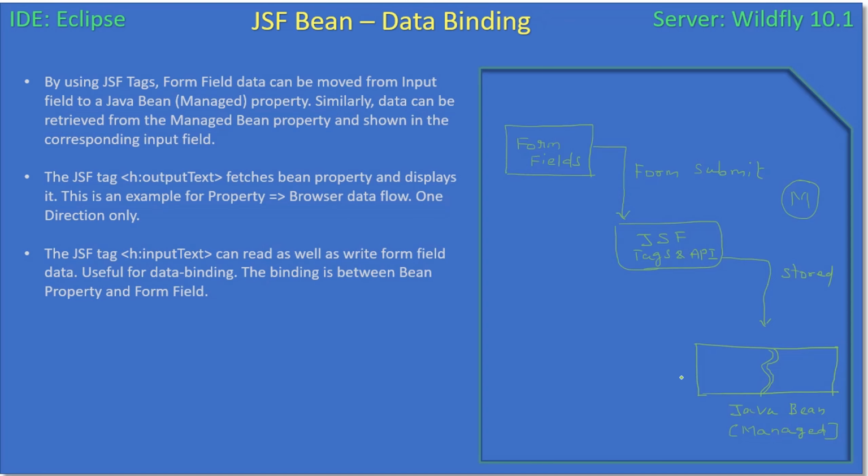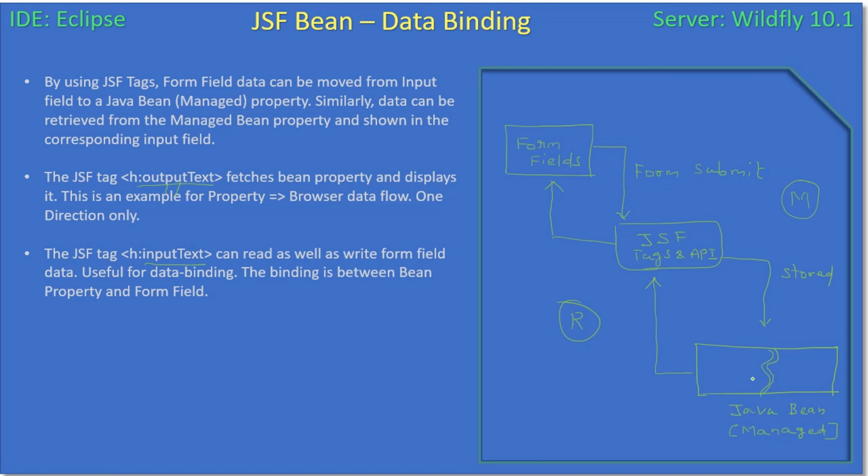Then during the rendering phase, the data will be retrieved from the managed bean via the JSF tags and the API. Then it will be given to the form field. So both directions of data flow are possible in terms of h:inputText. The form field h:inputText submits the data via JSF tags to the JavaBean.